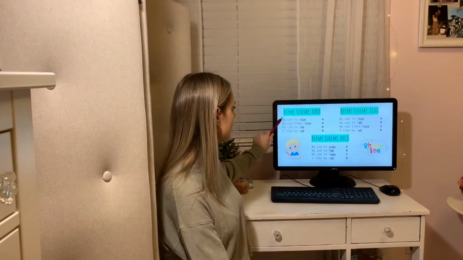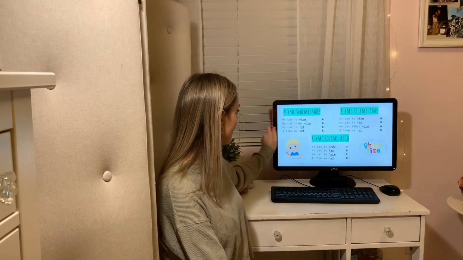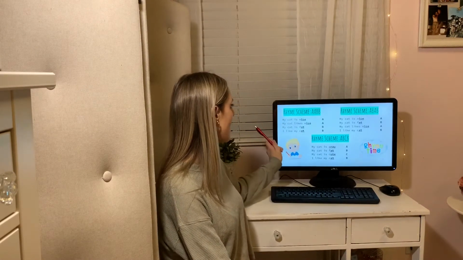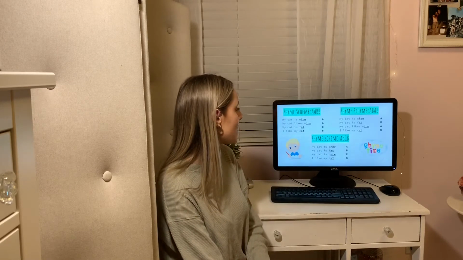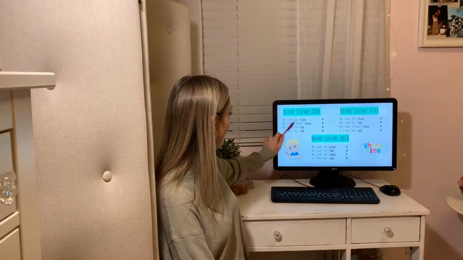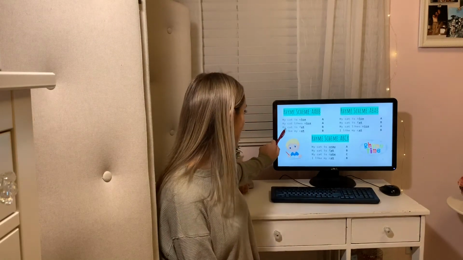So in this poem here we have, my cat is nice, my cat likes mice, my cat is fat, I like my cat. So based on just reading that one time, do you guys notice anything about the first 2 lines? Yeah, they rhyme, and same with the last 2 lines, but they rhyme with different sounds.